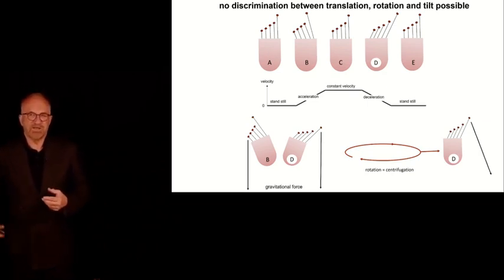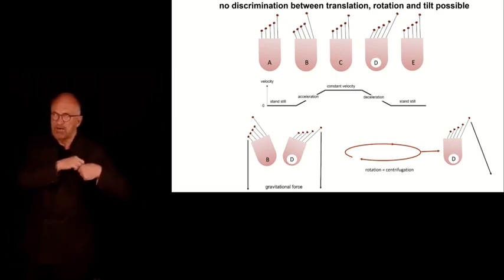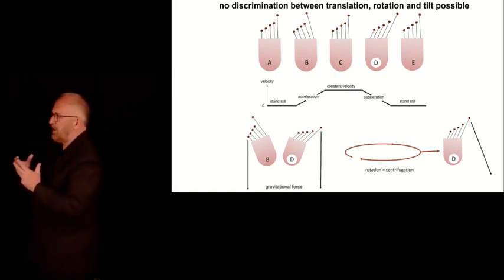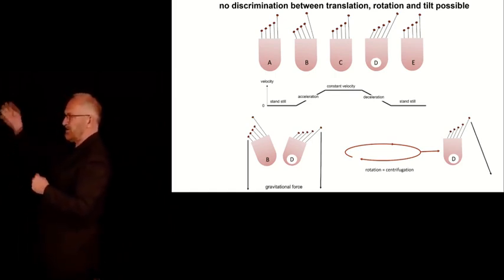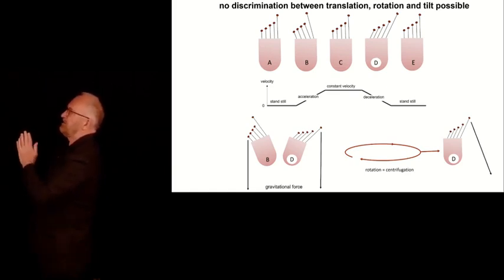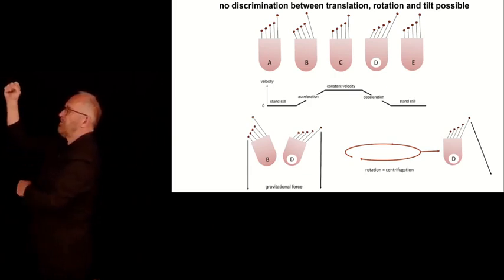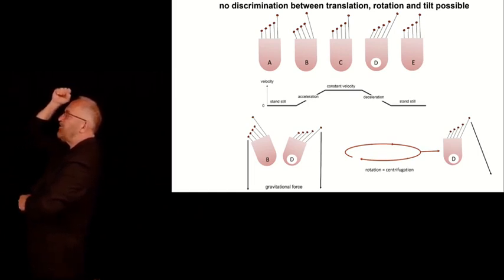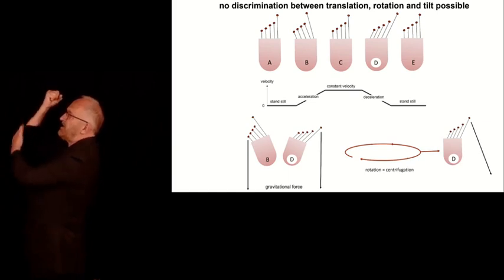Now to visualize it a little bit more clearly, imagine that you are driving in a car, an old-fashioned car with an antenna, and you put an orange on top of the antenna. When you stand still, then the antenna is upright. Now if you start to move very fast forward, then of course the antenna will lag behind with the orange, and the inclination will indicate that you move forward.